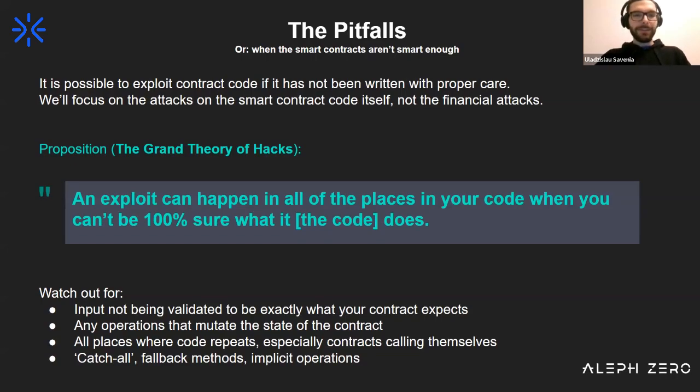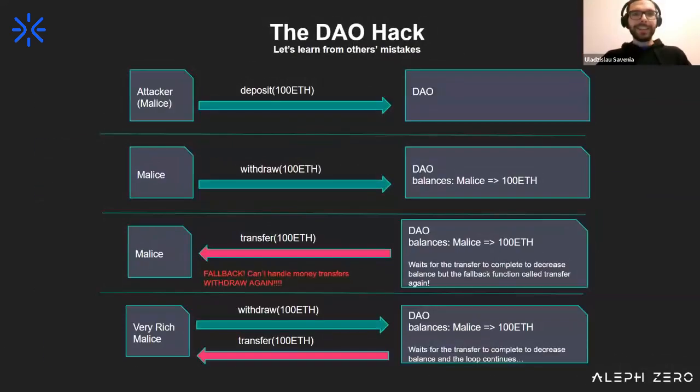The case specifically about fallbacks is the infamous DAO hack. It was quite a while ago, but I think it still is a good example of why thinking ahead and security is of utmost importance for smart contracts. There was this DAO thing on Ethereum, which you can basically think of as a group of investors, and you could deposit some funds and withdraw them, without going into much financial detail.